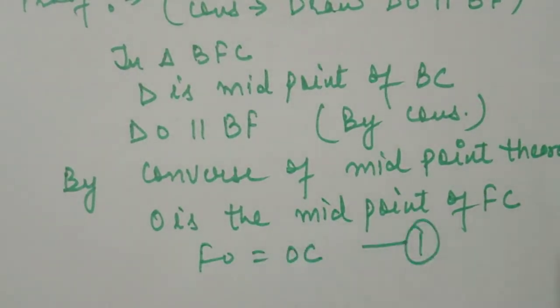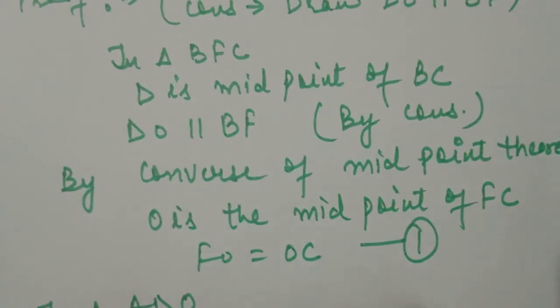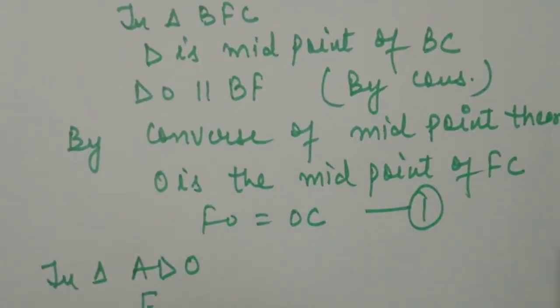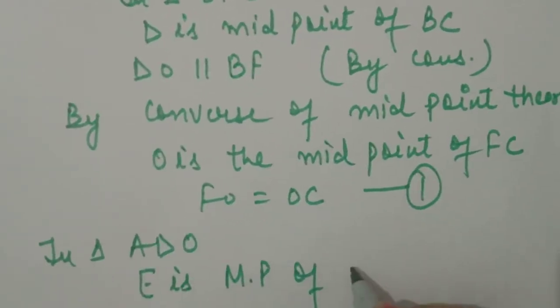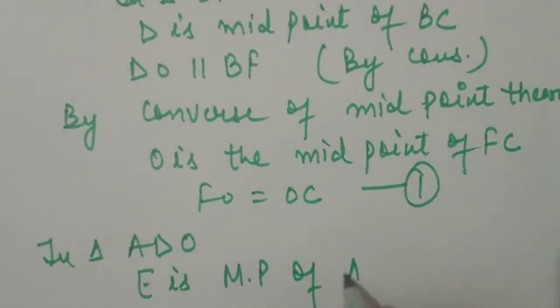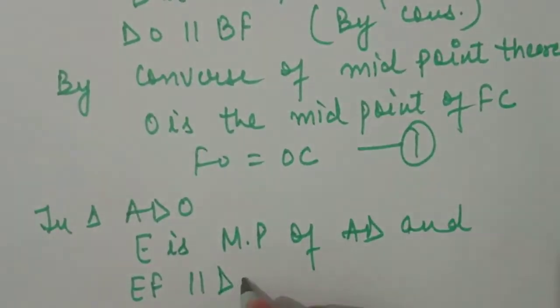Equation number 1. Now students, in triangle ADO, E is the midpoint of AD and EF is parallel to DO. How? By construction.